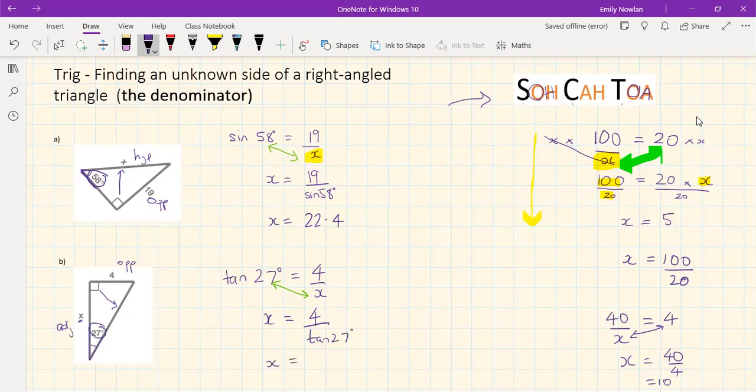So you get your calculator, make sure you're in degrees, go 4 divided by tan 27. And we get, to 1 decimal place, 7.9, because the 5 rounded up. 7.85 becomes 7.9. And we don't have any units. We don't have whether it's centimeters or meters. That's what we do when we want to find the one that's on the bottom.